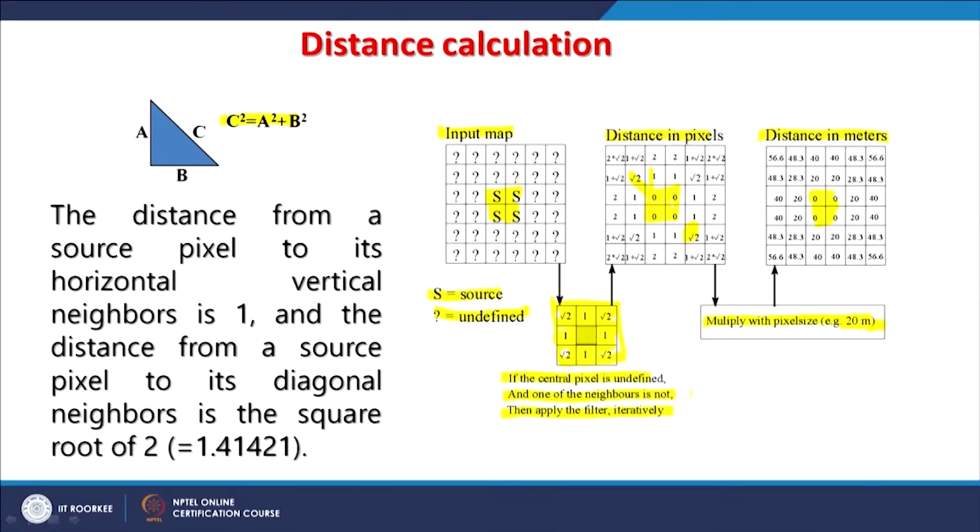The only problem in such scenarios when we use a roving window or moving window, which is not shown in this schematic, is on the borders. One pixel on the right side, one pixel on the left side, same in the bottom and top, there will not be any calculations, because beyond this you do not have the input data. Anyway, so that way you can find out what the distance is.